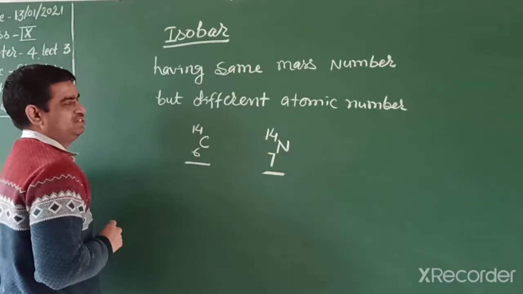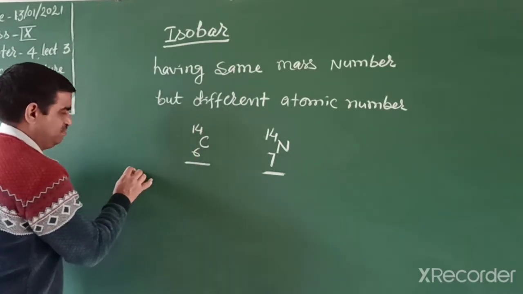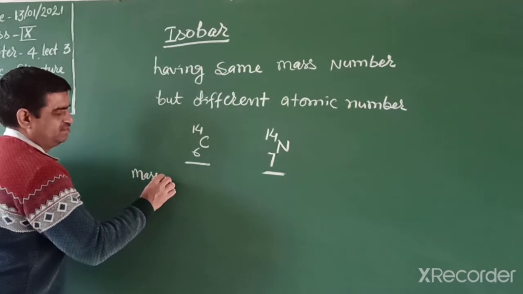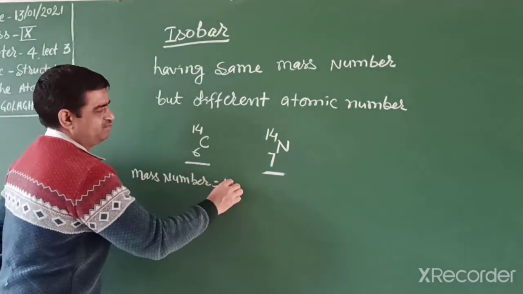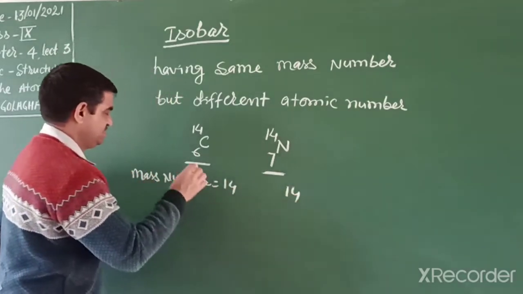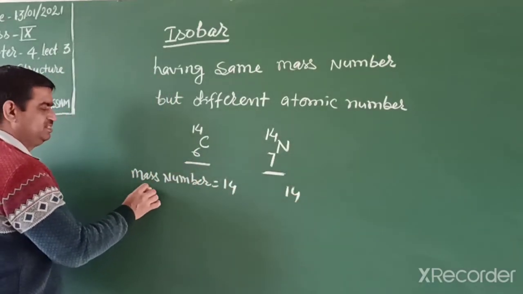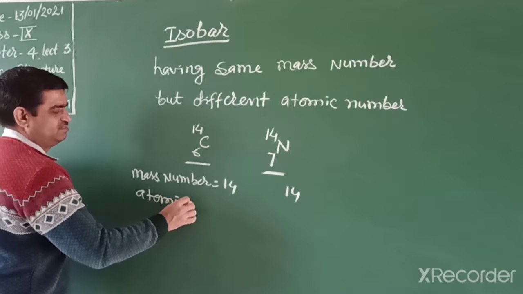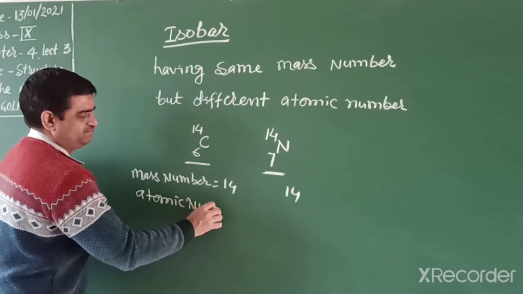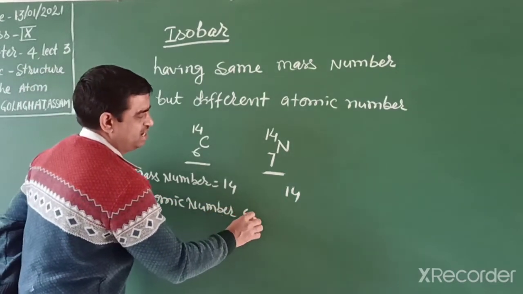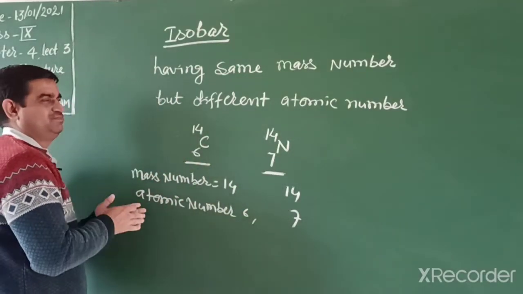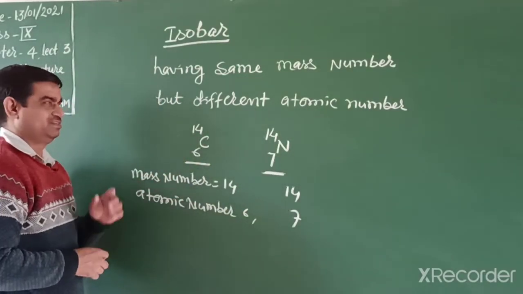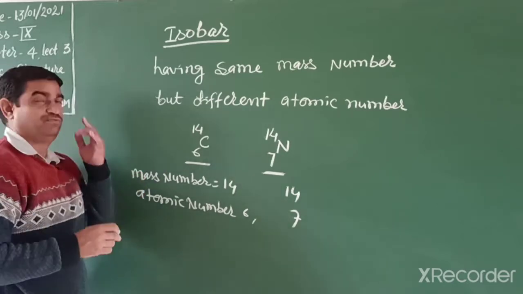Both mass numbers are the same, mass number 14, but the atomic number is different, 6 and 7. Properties are also different. Carbon is a different element, nitrogen is different. So this is one example of isobars.